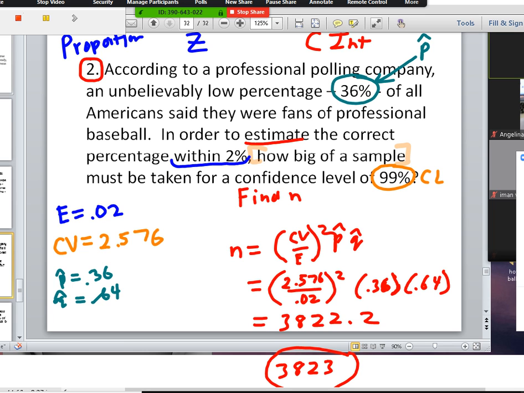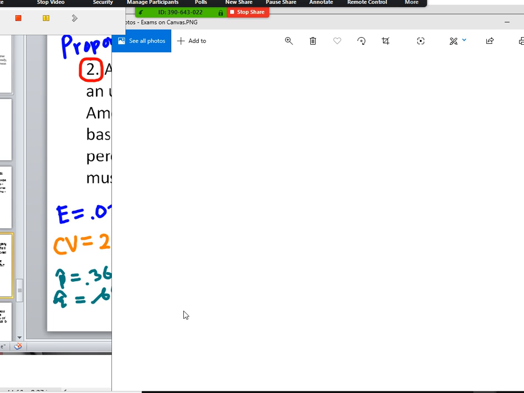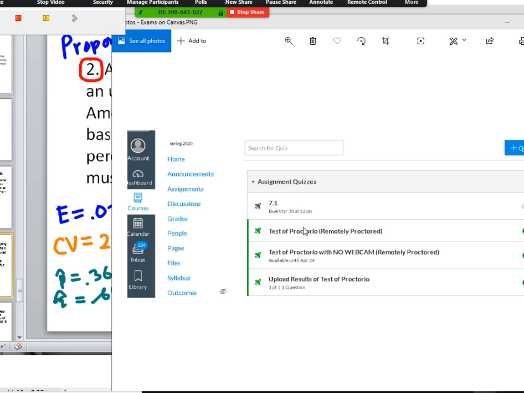So it's in exams under Proctorio. It's right here. You go to quizzes, and it's this one, Test of Proctorio remotely proctored. You have to do that, and then upload your results under Upload Results of Test of Proctorio. You have to do that. That way you know that it works and you're familiar with it before the exam starts.